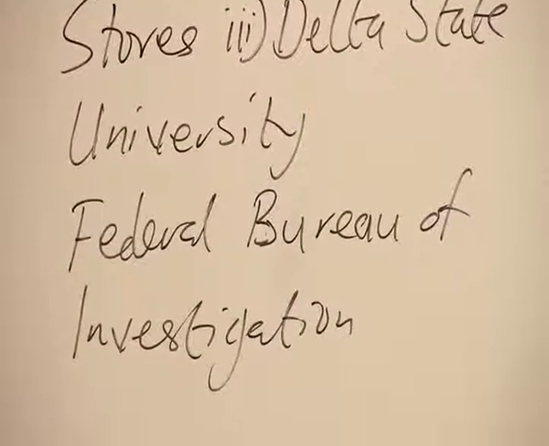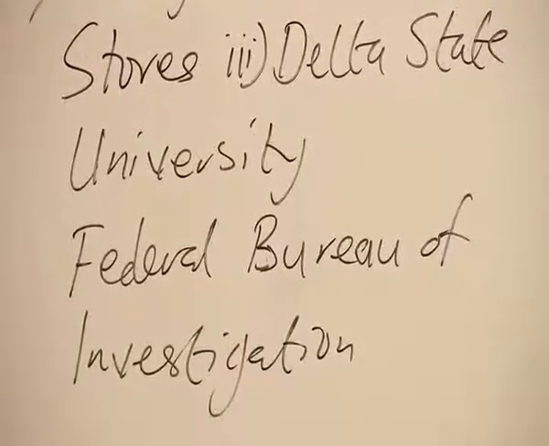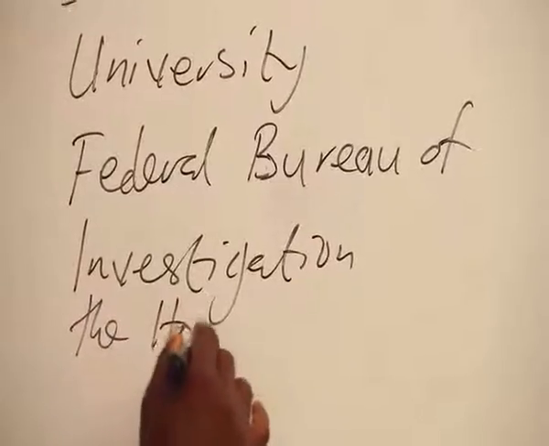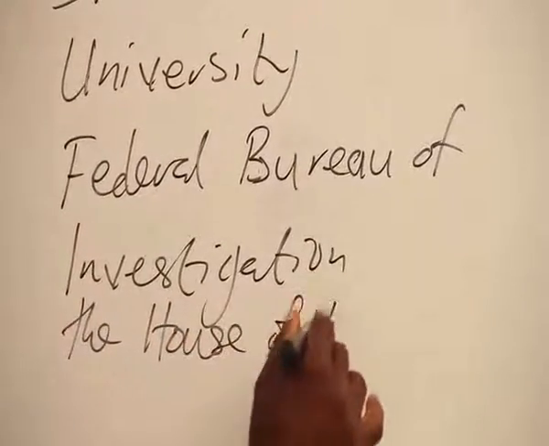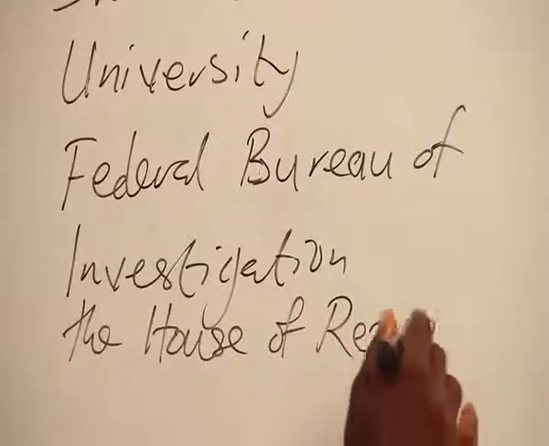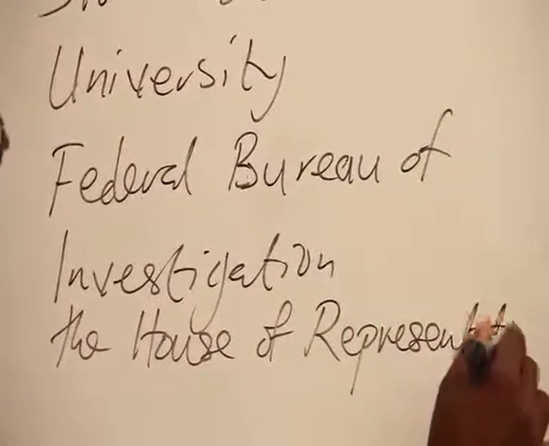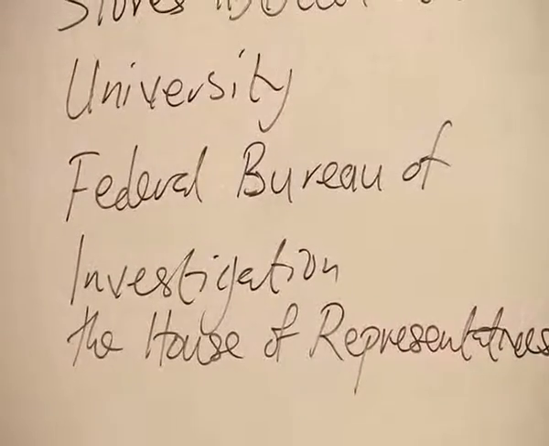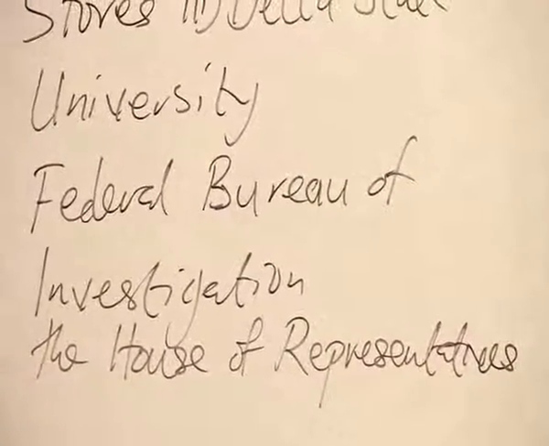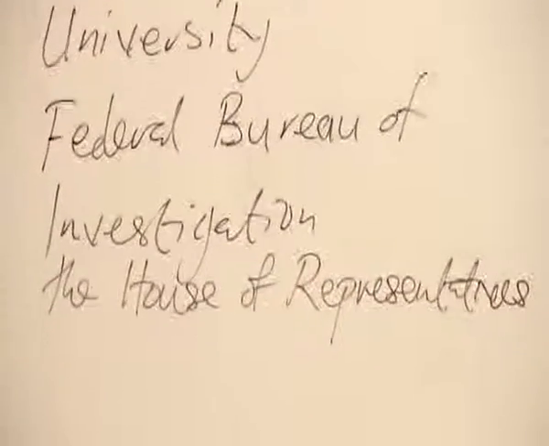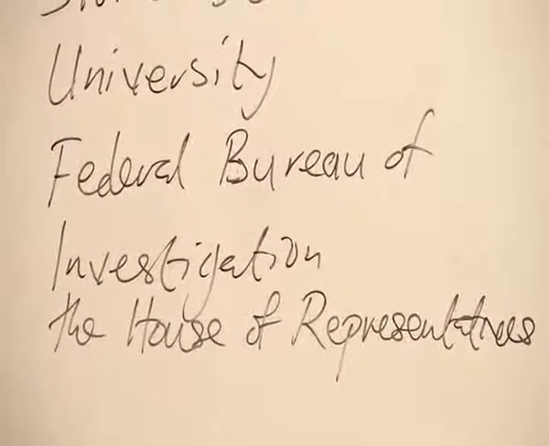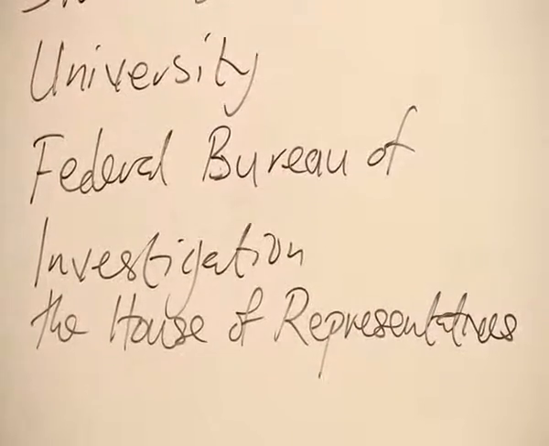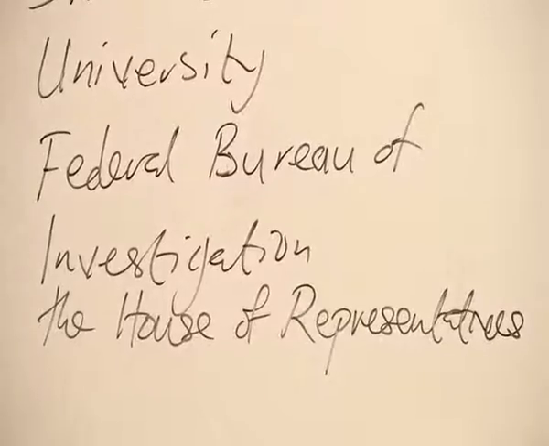Now we can also add as government bodies, for example, the House of Representatives, because this is a particular arm of the government that is being referred to. So again, for emphasis, we have capitalized names of organizations, business firms, institutions, and government bodies.